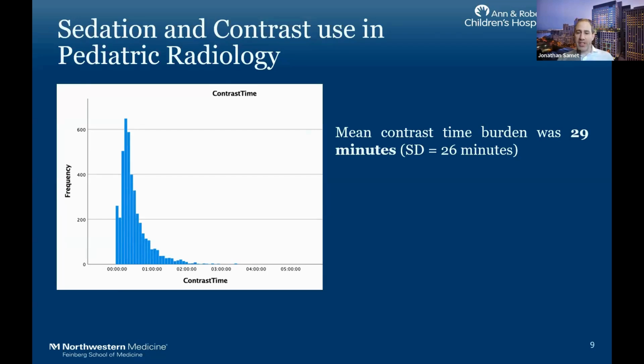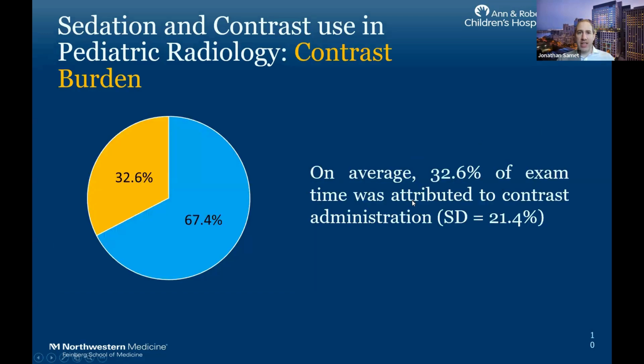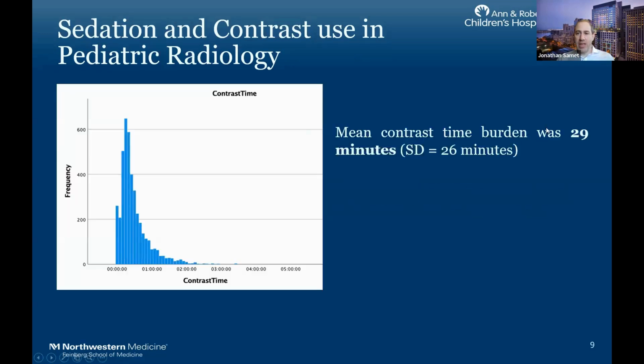Okay, so now let's show you some of the numbers we found. When you first look at contrast, here is the graph of how long it took after you gave contrast. And what you can see here is that the average time that we added to the exam when we gave contrast was about 29 minutes.